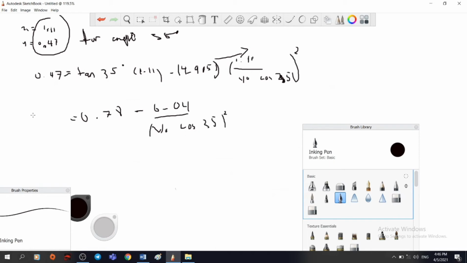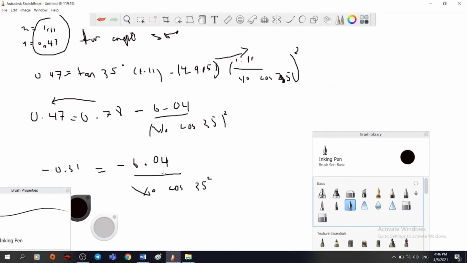Don't forget the square here. So 0.78 we move here, and 0.47 minus 0.78 gives negative 0.31, equal to negative 6.04 over V0 cos 35, squared.